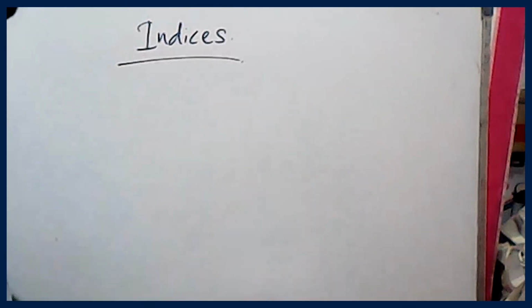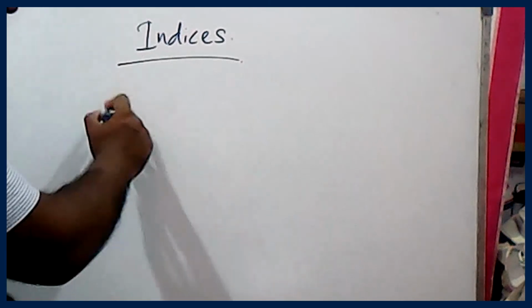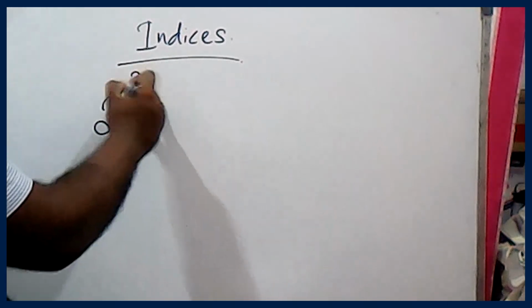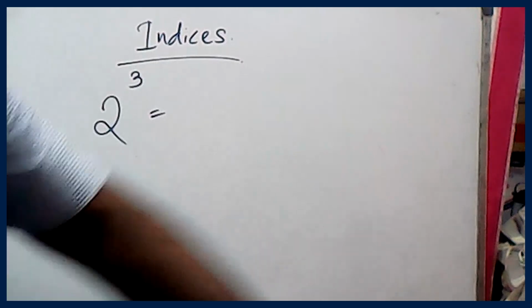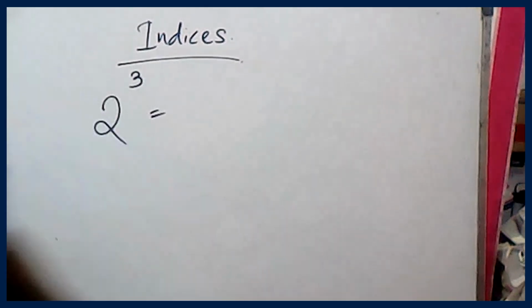If I write something like 2 to the power 3, what does it mean?